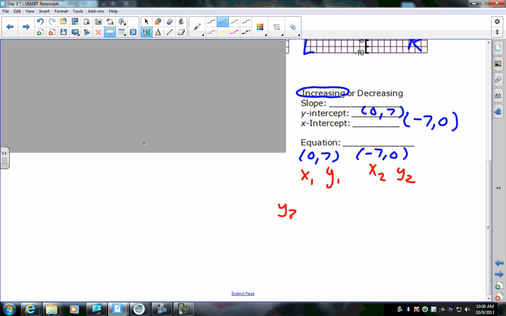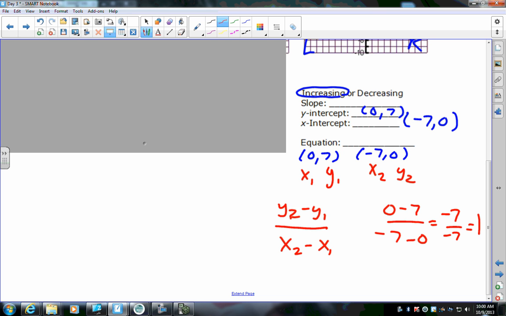I would take y2 minus y1, 0 minus 7, over x2 minus x1, negative 7 minus 0. That gives me negative 7 over negative 7. Negative 7 divided by negative 7 is positive 1. My slope should be a 1.